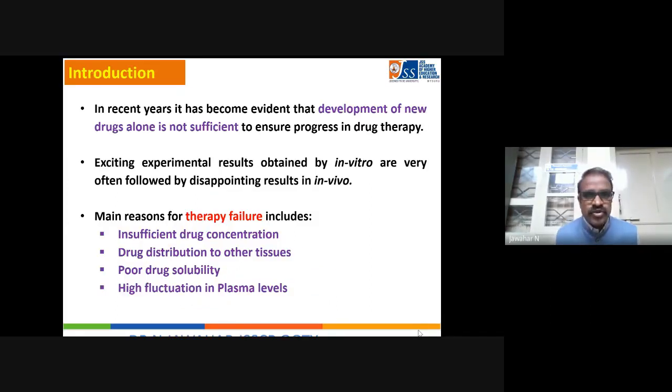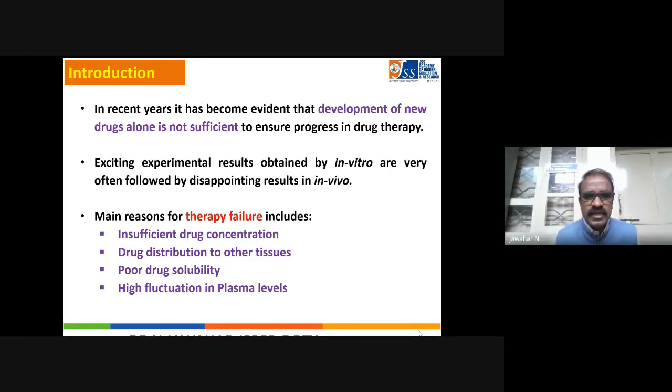Coming to the introduction, nowadays there are a lot of drug development and drug discovery programs, and many new drugs are developed from such programs, especially with combinatorial chemistry and in silico tools using computer-aided drug designing. They are coming with a lot of novel moieties, new molecular entities.